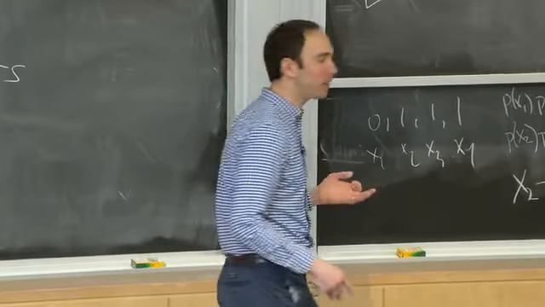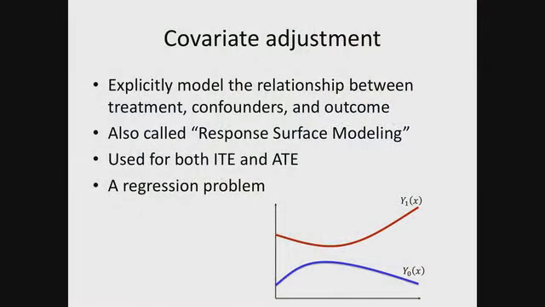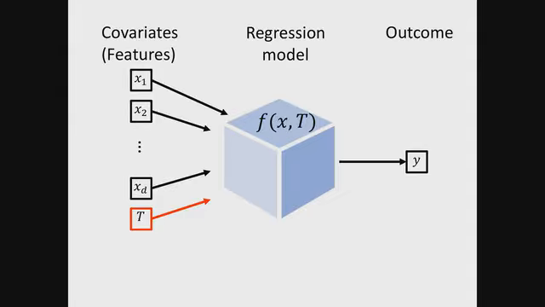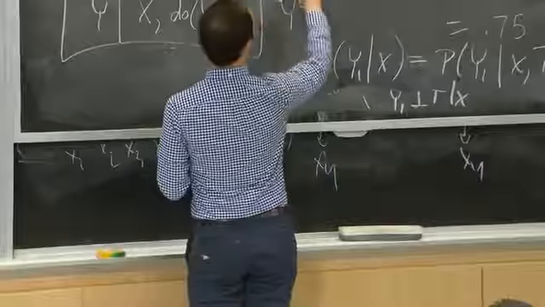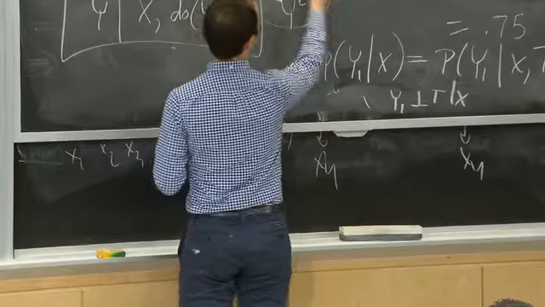So covariate adjustment is a very natural way to try to do that extrapolation. It also goes by the name, by the way, of response surface modeling. What we're going to do is learn a function f, which takes as input x and t, and its goal is to predict y. So intuitively, you should think about f as this conditional probability distribution.